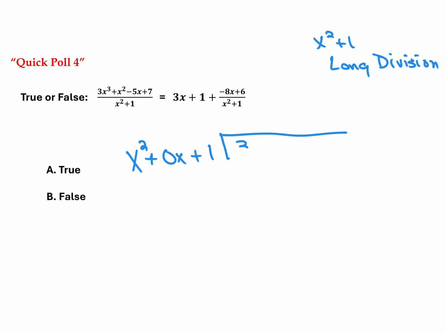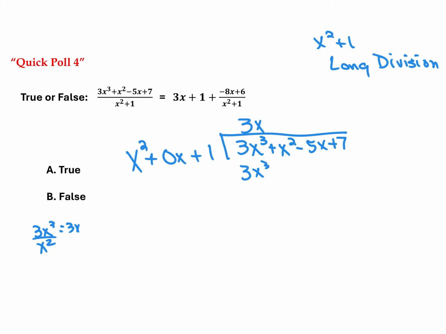Anytime that you have a missing exponent, then it is important that you put in a term to represent that exponent. And the reason for that is because it allows us to actually line up our like terms. So we're going to do 3x cubed divided by x squared, and that gives me 3x.